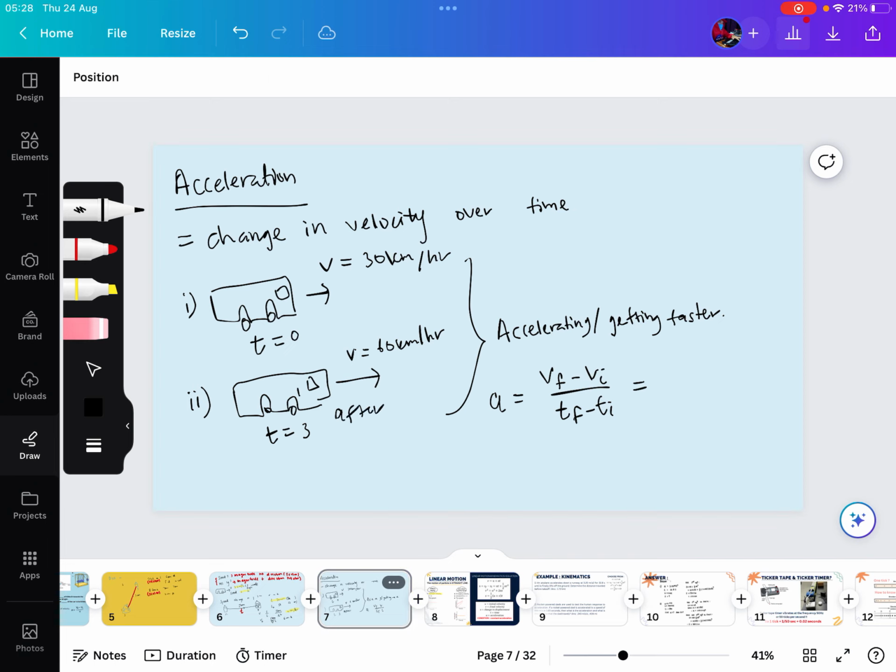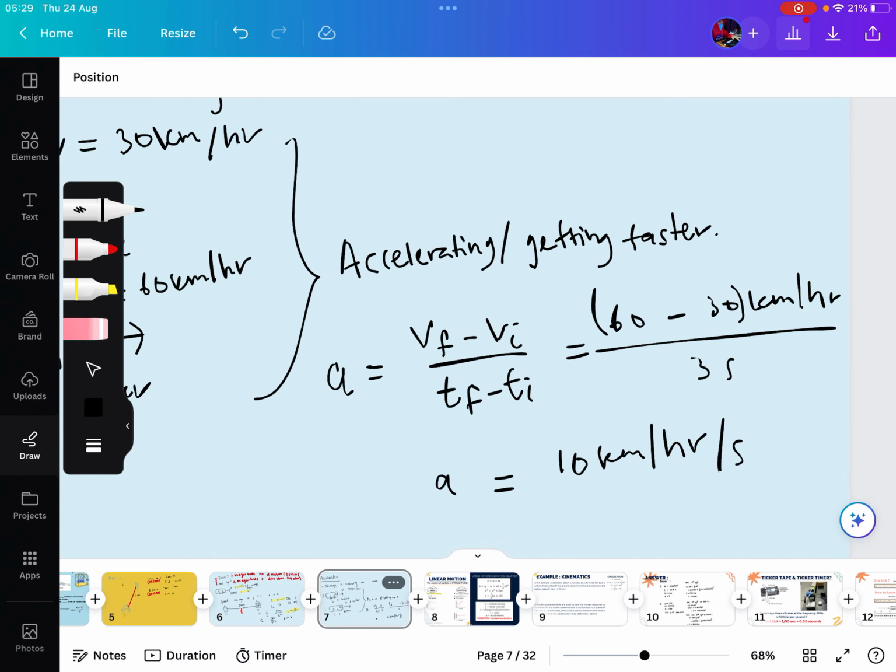After is 60 and before is 30 kilometers per hour, so 60 minus 30. The time taken is 3 minus 0, which is 3 seconds. So the acceleration is 60 minus 30 divided by 3, which is 10 kilometers per hour per second.